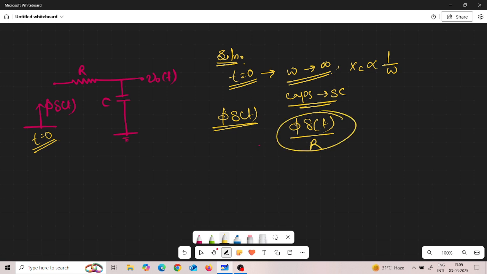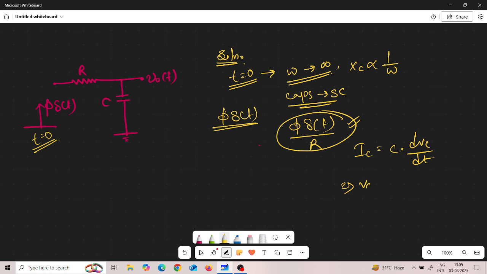And if you remember, a capacitor has a property: if it gets an impulse of current, then it can charge instantaneously. In this case it is getting an impulse of current, so the capacitor will charge instantaneously. What is the equation of the current in the capacitor? IC is equal to C dVc by dt.